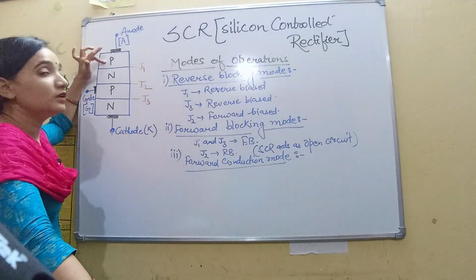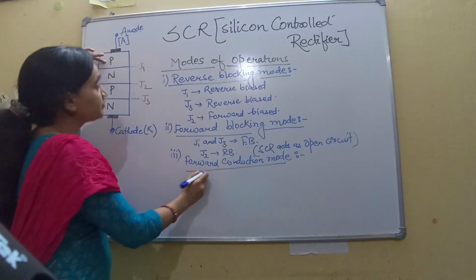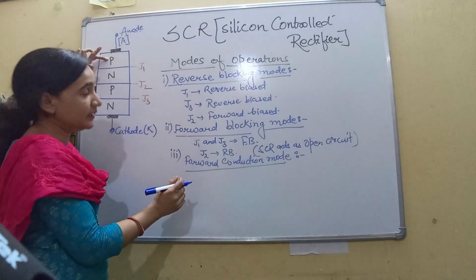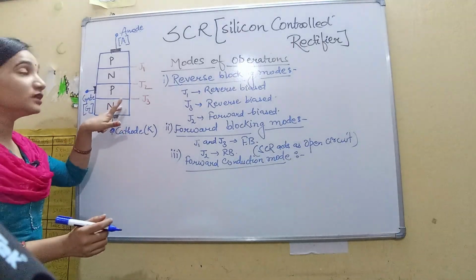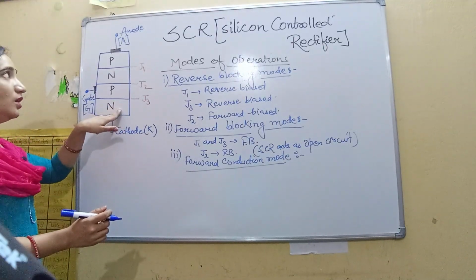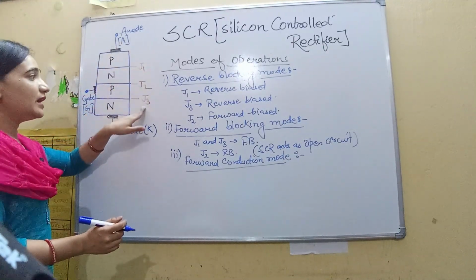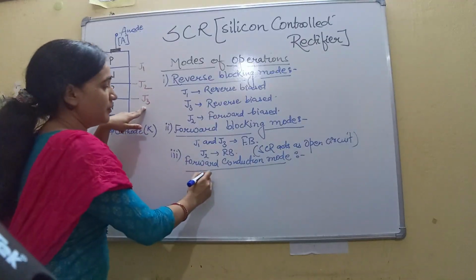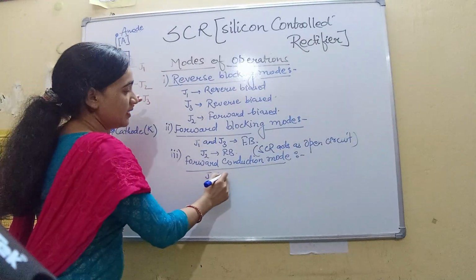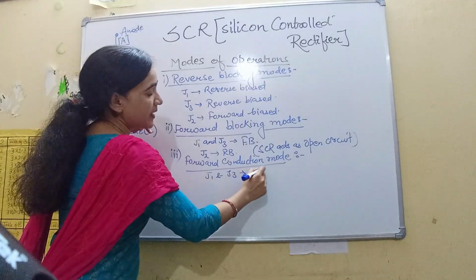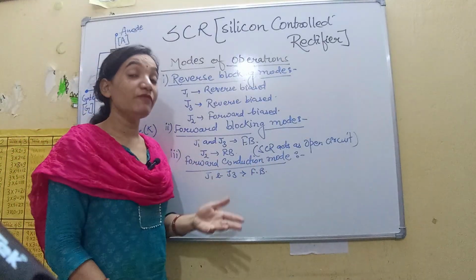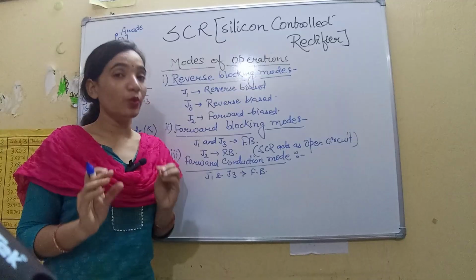Again, we will connect the P type semiconductor to the positive terminal and the N type semiconductor to the negative terminal. Then J1 and J3 will be in forward bias. But this time we are not keeping the gate open.